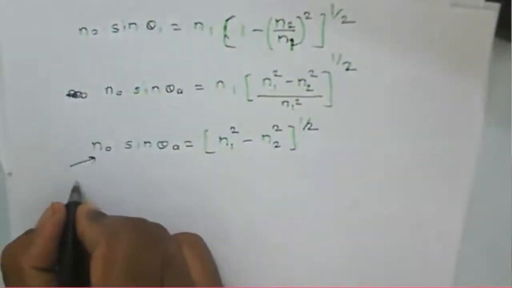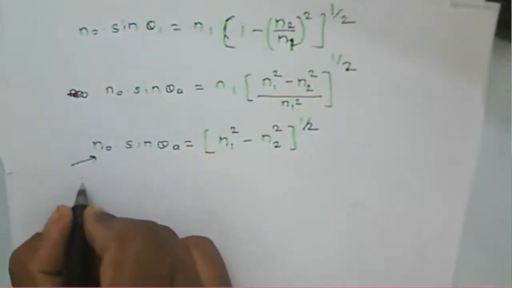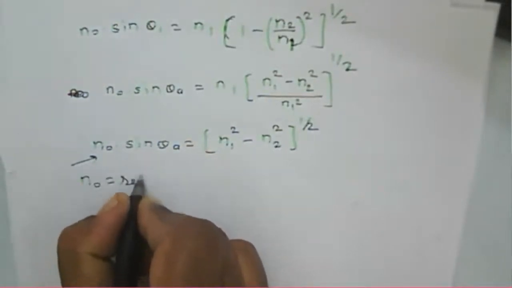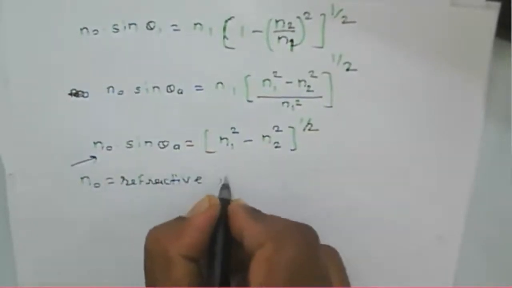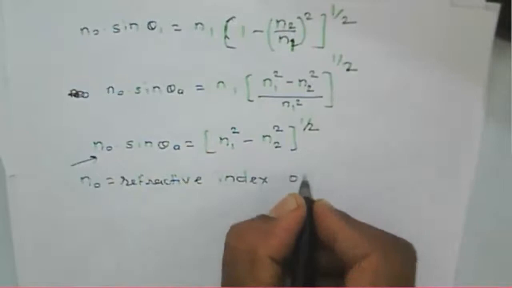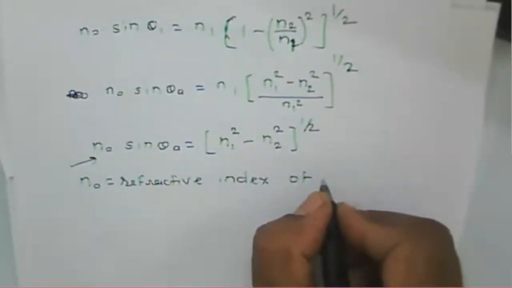Simplifying, n1 gets cancelled, so at the end sine of theta a is equal to (n1 square minus n2 square) raised to 1 by 2, divided by n0.